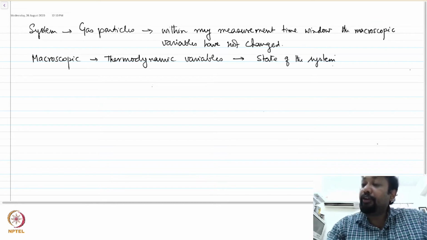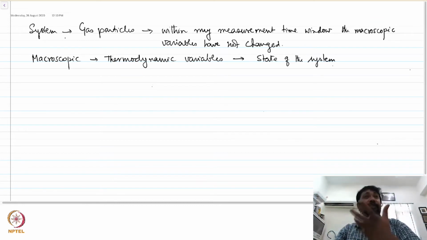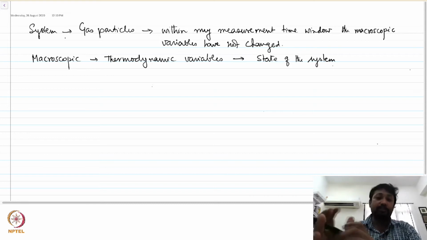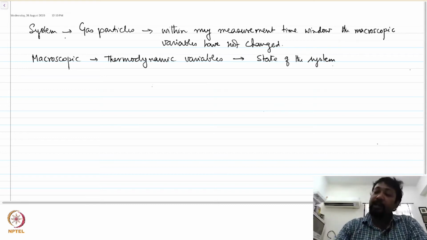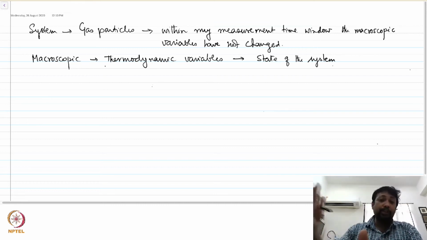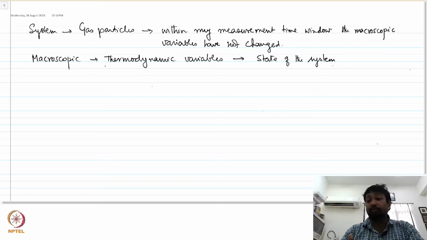So if for this particular system of n gas particles, which is contained within a container, I want to change the temperature, then it goes to a new thermodynamic state. If I change the pressure, it goes to a new thermodynamic state.